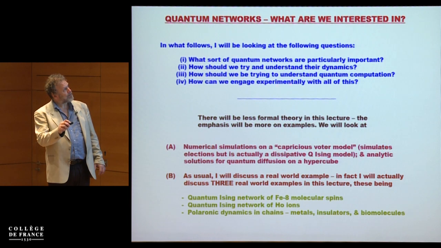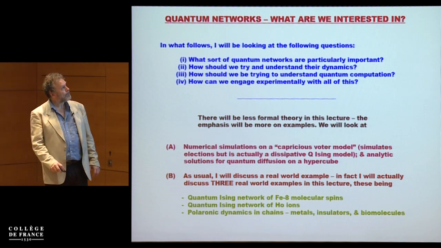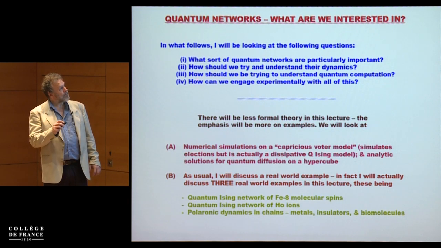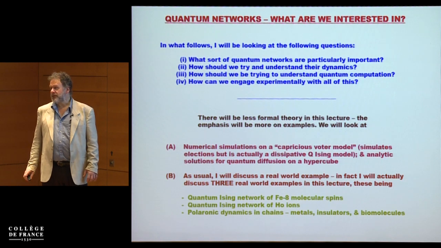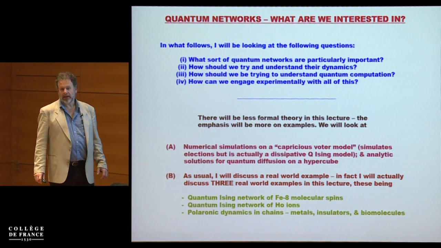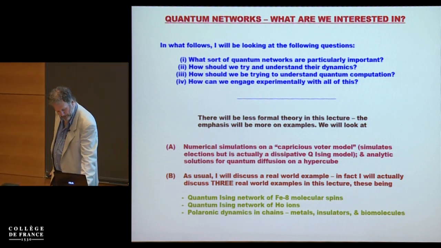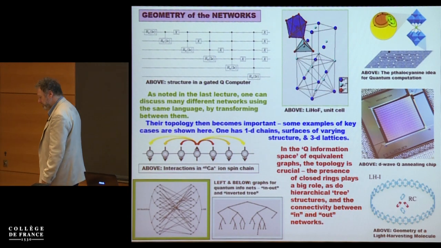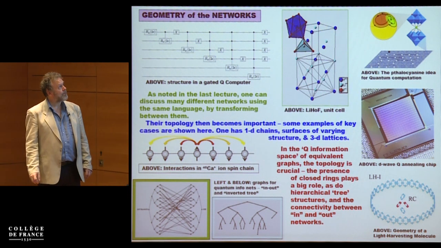And one of the reasons we're trying to do this is because we want to understand quantum computation. And of course, we want to know how we can deal with this experimentally. And so as in the previous lectures, I will be discussing some real-world examples in the later part of the talk. Okay. So let me just remind you of some of the real-world examples that one is interested in.